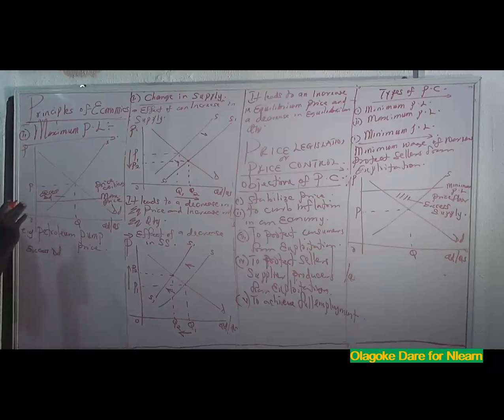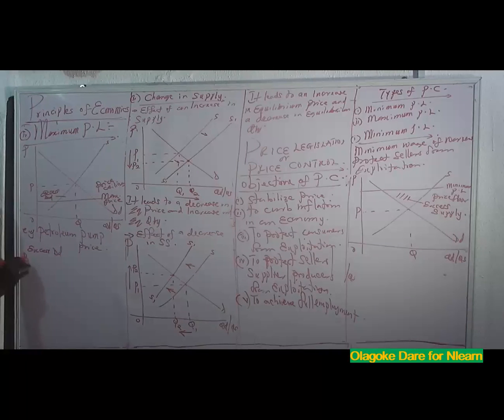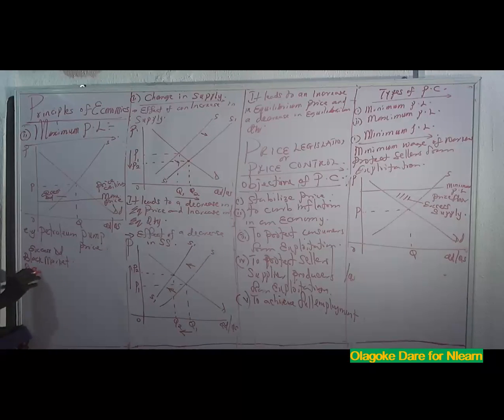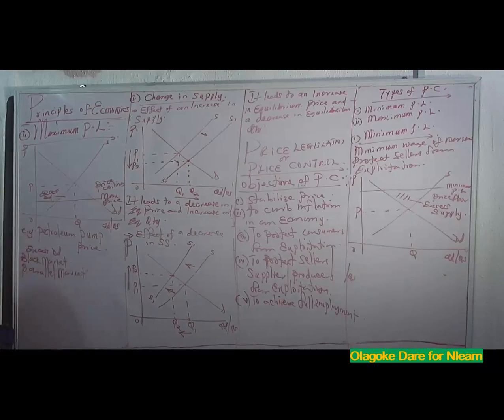The excess demand of goods and services always creates what we call black markets, or parallel markets. Another name for black market is parallel market. So the excess demand will lead to creation of a black market.